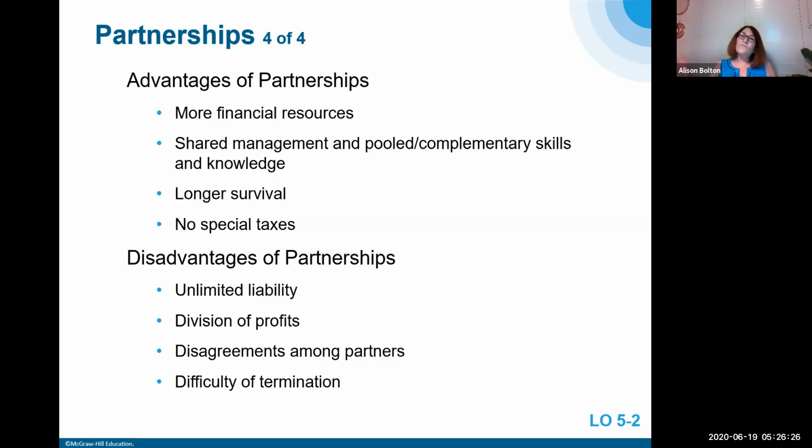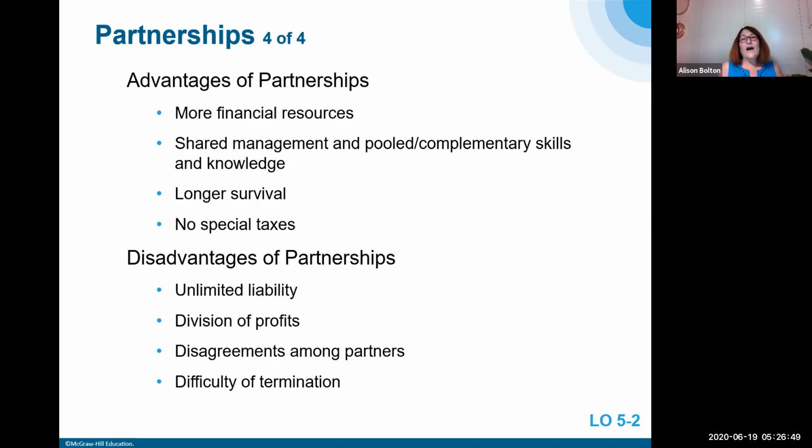But it also gives you more credibility as a partnership because you're working with other people. And big businesses, this is how they get banks to give more loans, by being in a partnership. The banks see you as an organization that is growing and working with others.